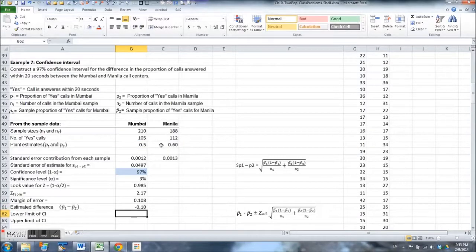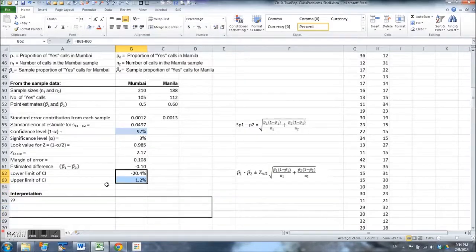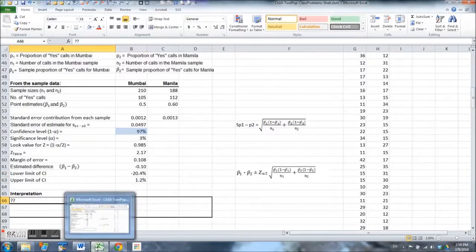So that's our point estimate. So that minus the margin of error gives you the lower limit, and that plus the margin of error gives you the upper limit, because if we format these cells, you will get the answer. So that's our confidence interval.